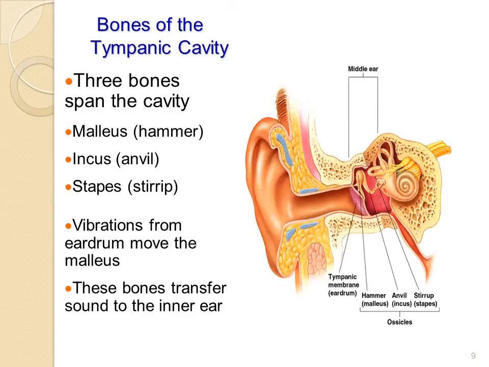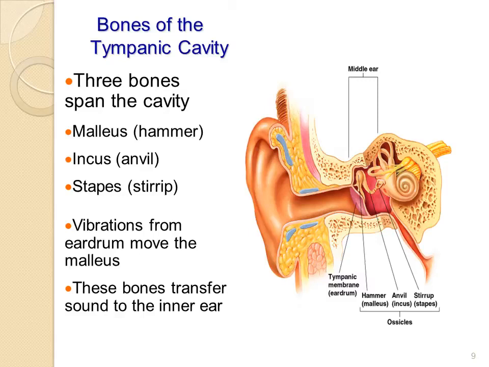Bones of the tympanic cavity. There are three bones that span the cavity. What are the bones of the tympanic cavity? They are the three bones found in the cavity, which are the malleus, incus, and stapes. Now these are found in the middle ear.